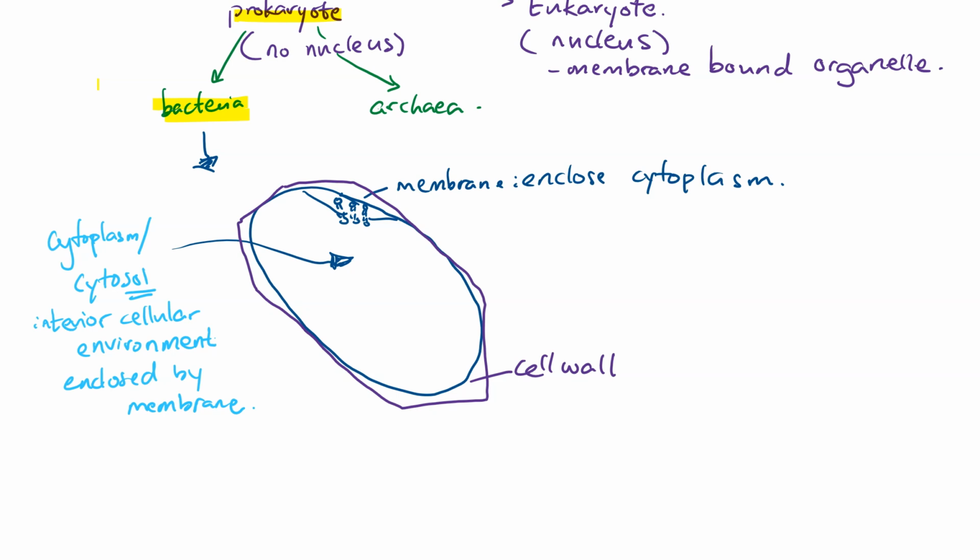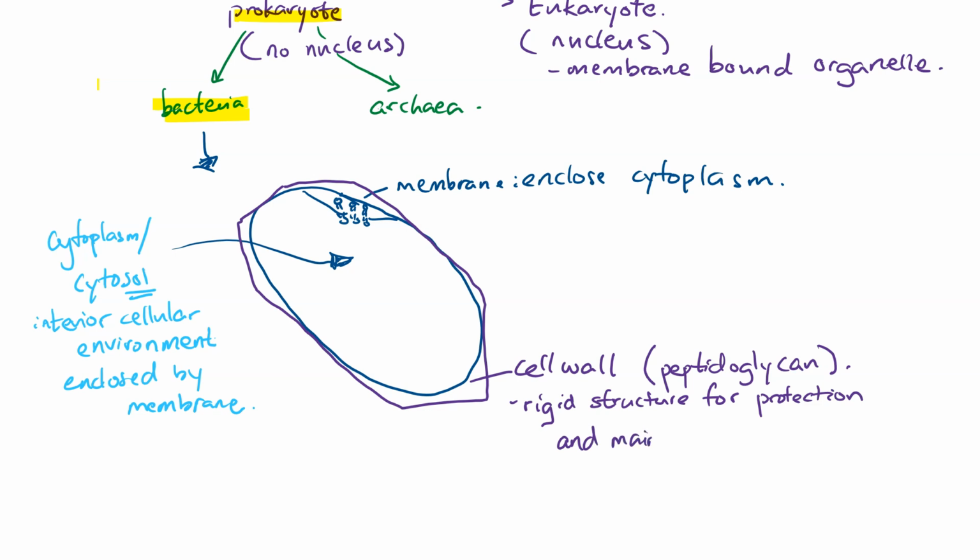This cell wall is generally made of peptidoglycan, and it is a rigid structure meant for protection and to maintain the structure and stability of the shape of the bacteria.